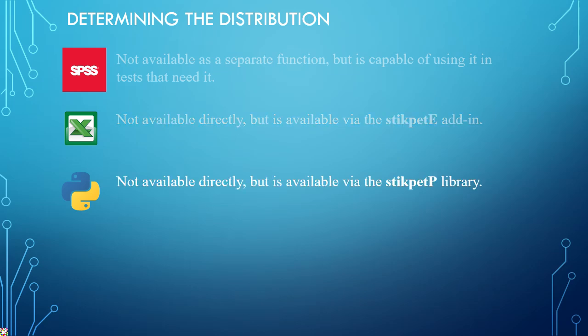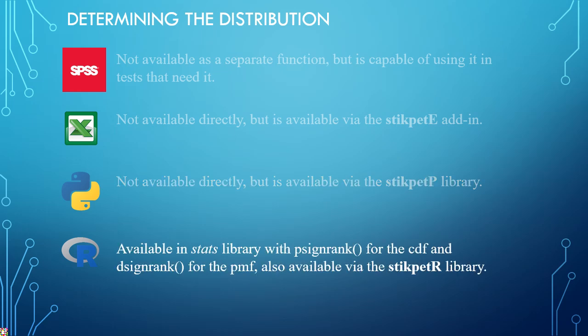Python, also to my knowledge, has no function that can actually do this directly, and I haven't found any other libraries yet that can do this. So I made my own. It's available in my stikpet library. R does have a function in the stats library that usually comes with R. psignrank is for the cumulative distribution function, so that returns the cumulative probabilities, and dsignrank is for the probability mass function, so that gives just the probability for that specific value.